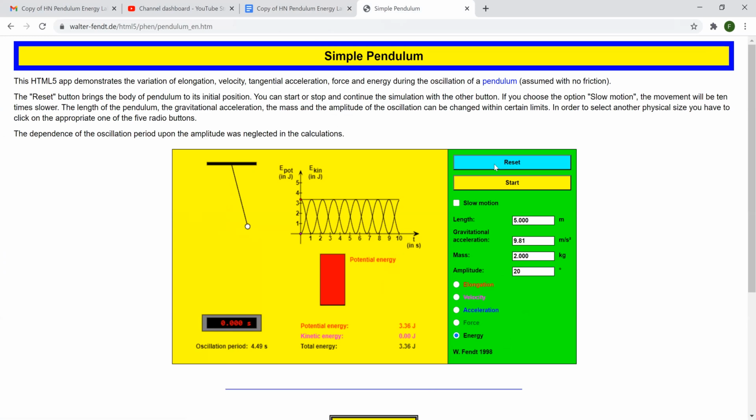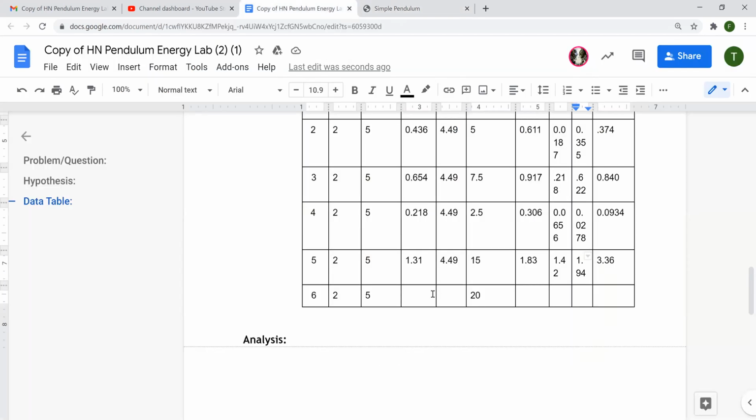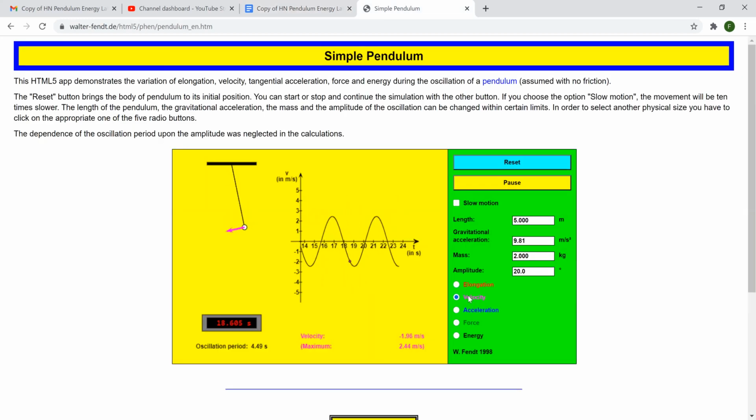Okay, let's start this thing with elongation. So 1.75. The time there is still 4.49. Velocity is 2.44.